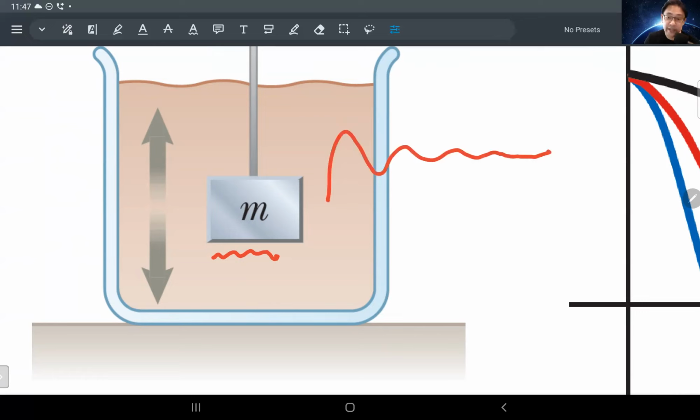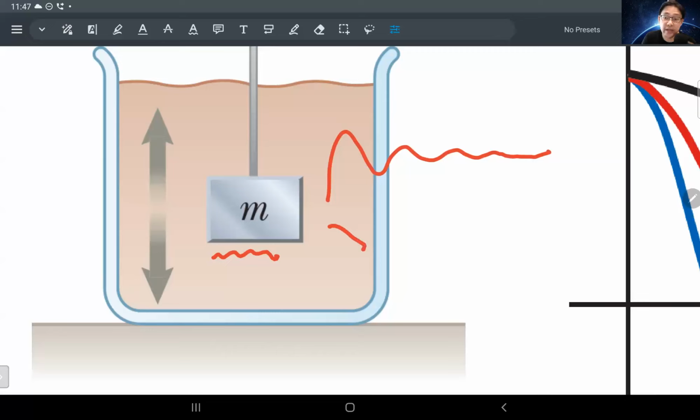But now, if you change the water into, for example, maybe honey, or something that is super thick, and then you pull the mass down, let it go. It might not want to go anymore because it's so thick. You start, and it doesn't want to go.